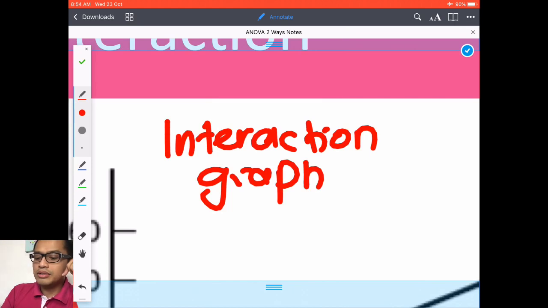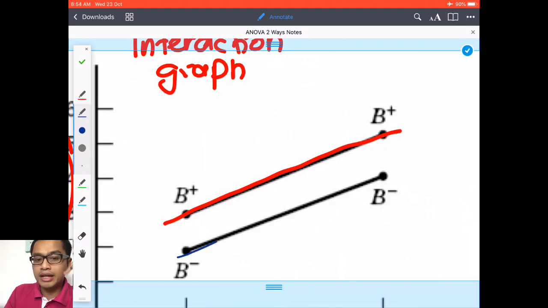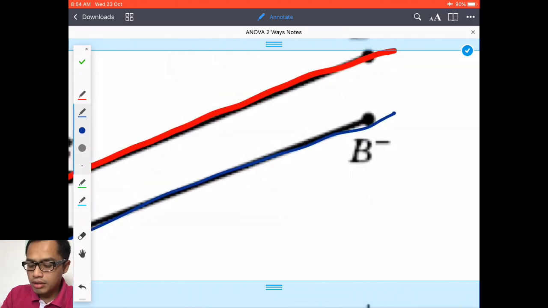When you see these two lines, the red one and the blue one, they don't cross one another. They're parallel. Therefore, no interaction.